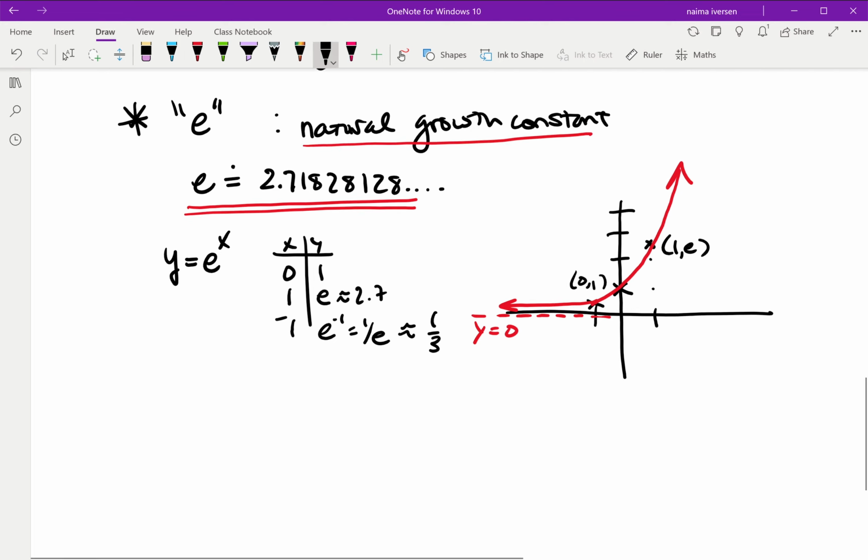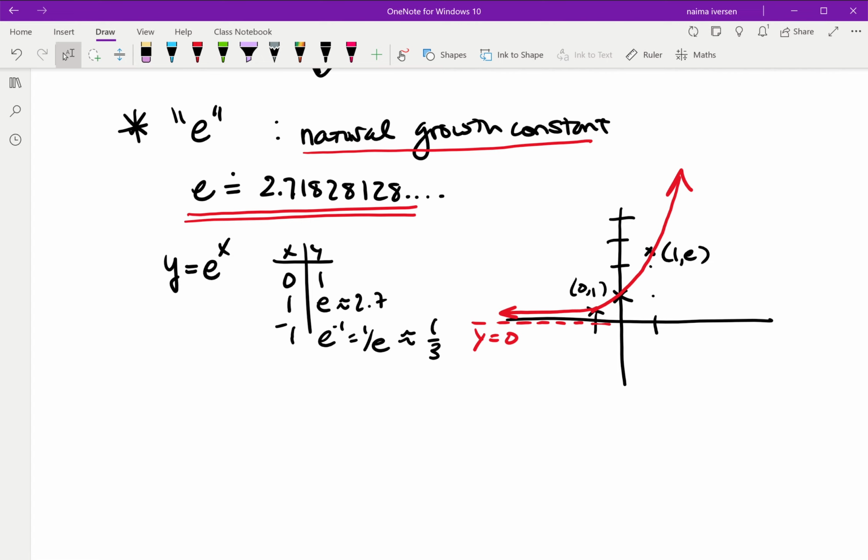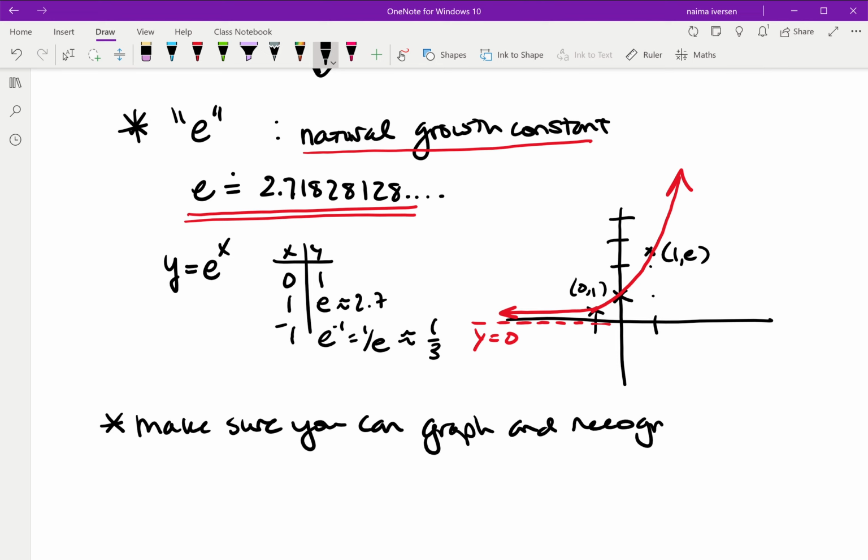So before we come back to school, I need you to make sure that you can graph and recognize the exponential graph. Now to do that, if you understand this lesson here, that's great.